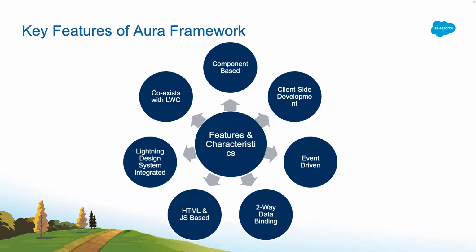That's why DOM is important, because in order to handle the events or to get the value, we need to manipulate the DOM. Then you have event-driven programming, where components can react to user interactions and other events very easily. It uses two-way data binding, which means changes in the data are automatically updated in the UI and so on, vice versa.